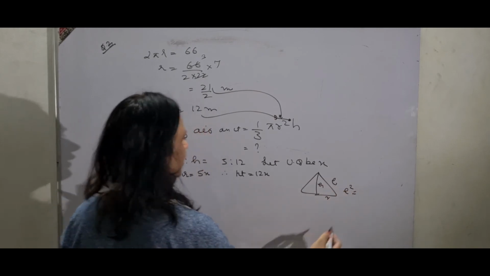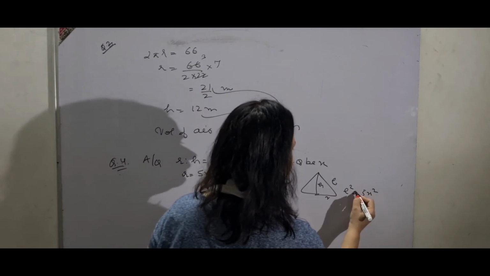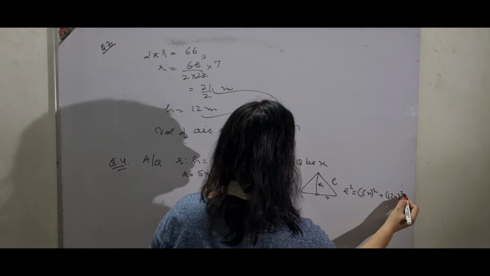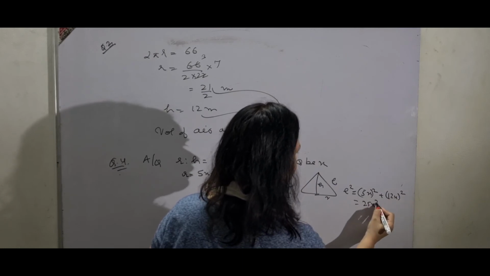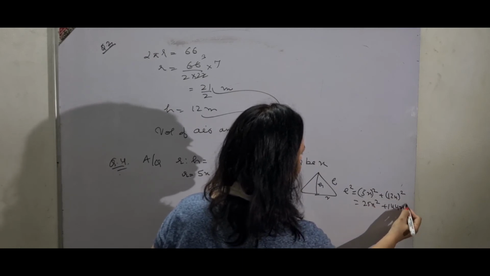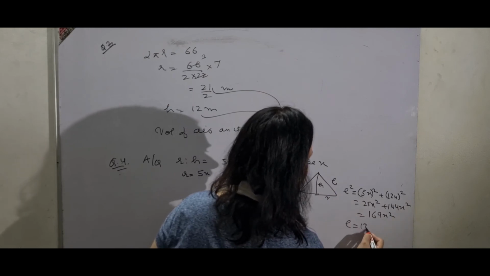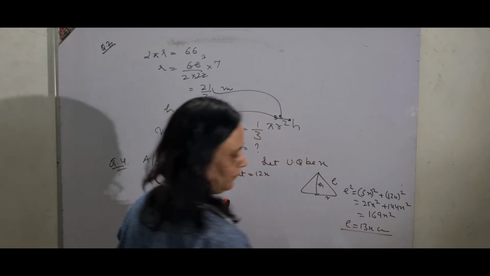You know L square will be (5x) square plus (12x) square, or this will be 25x square plus 144x square, and of course 169x square, and L will be 13x centimeter.